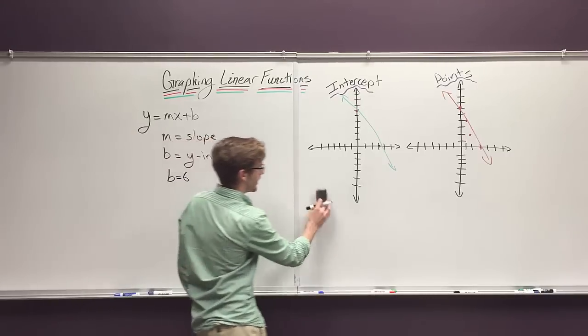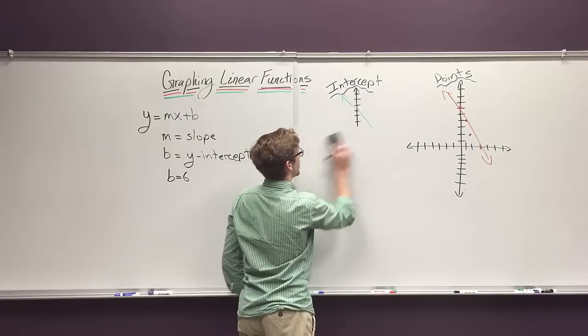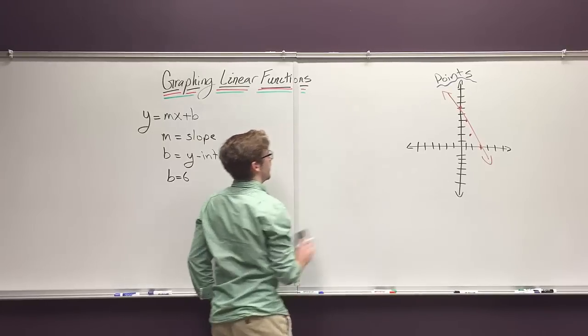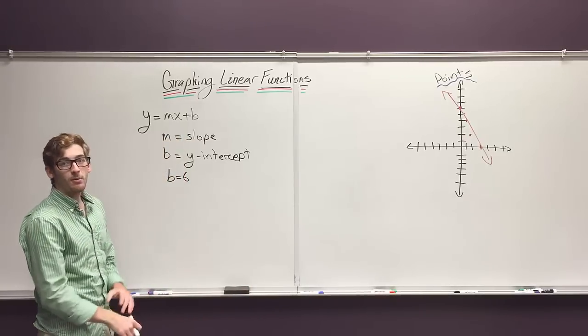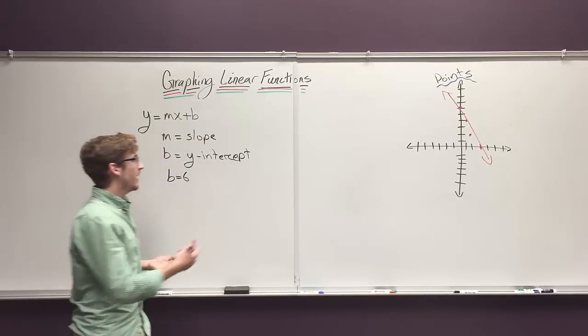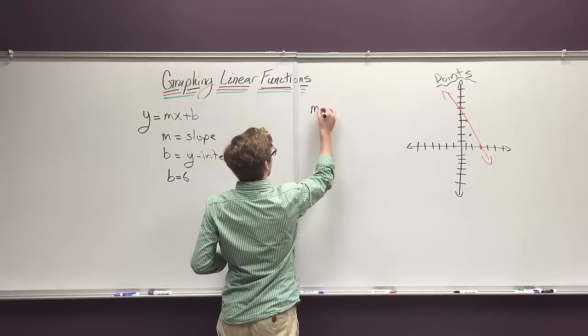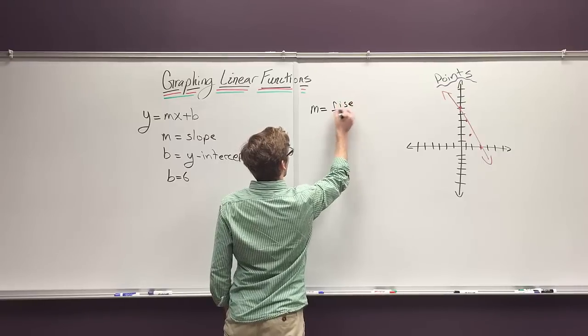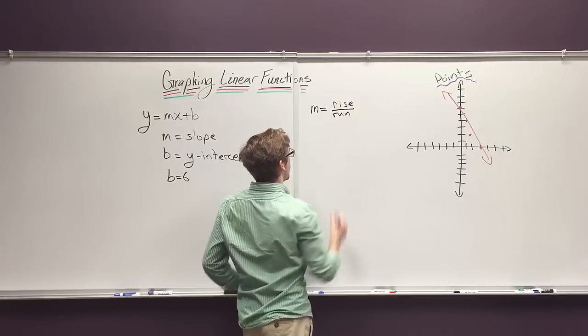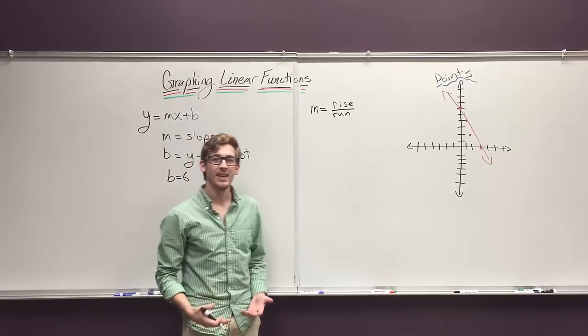Just for space, I'm going to erase this one. We still have the same graph over there. But before we can find m, we have to define what m is. We know that m is equal to rise over run. But what does rise over run really mean?